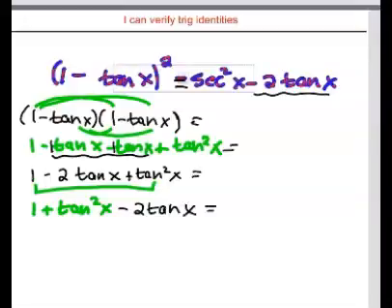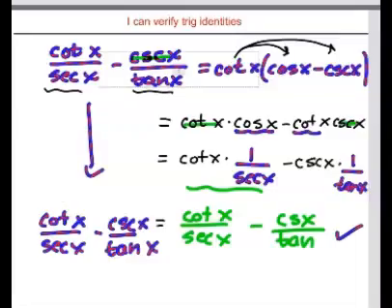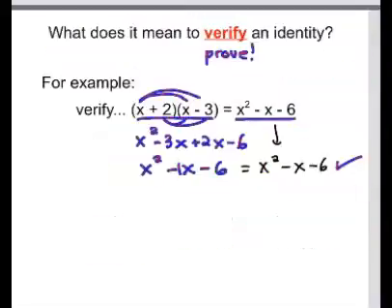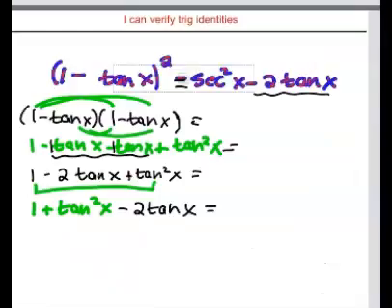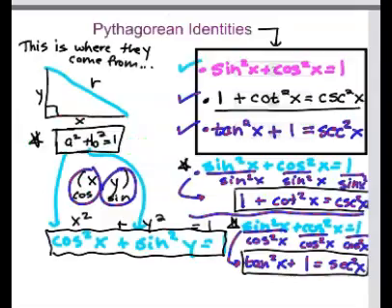And if I look back at my identities here, wherever they are, I guess they're way back at the beginning here. Okay, here we go.